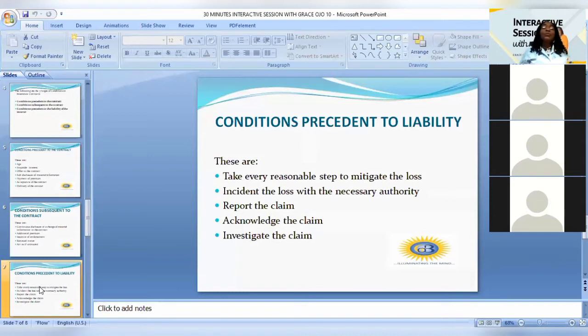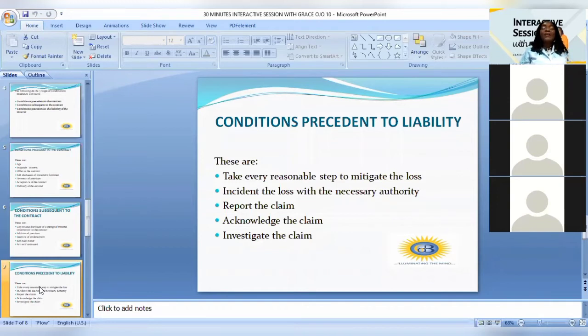So the insurer will investigate the claim, and once everything is in order, the insurer goes ahead to pay the claim. Just like I always tell you, insurers are in business for just two things, for underwriting and for claim.